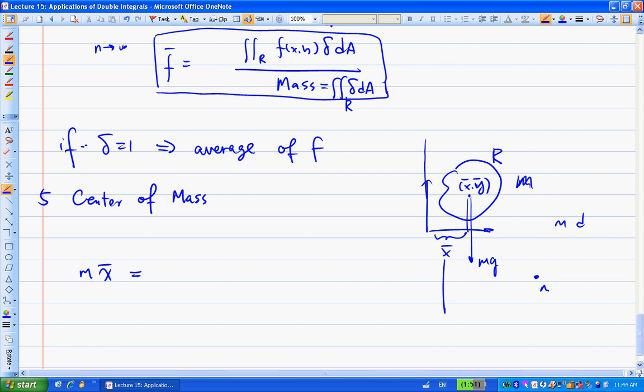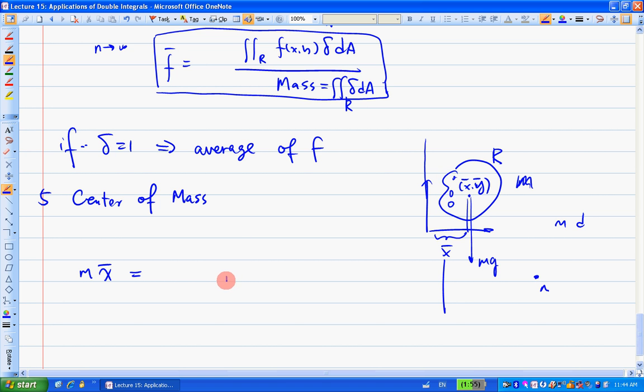So m x bar is the value, like a moment created about this y-axis, a torque. What does that equal to? If you separate this region R into as many small areas as possible, that equals the total moment created by each one of the small areas. Does that make sense? What is the moment created by one small area?